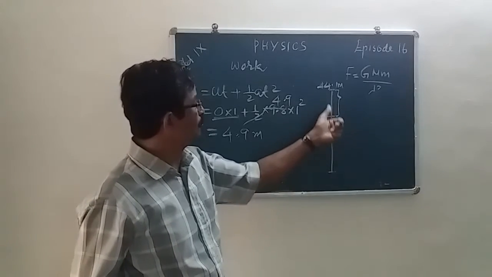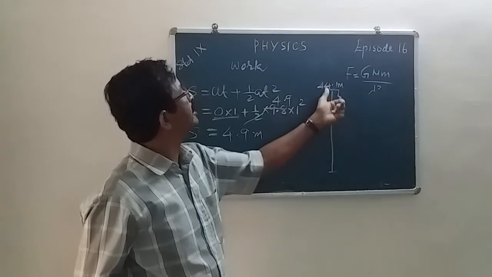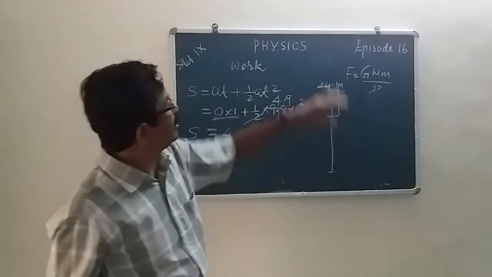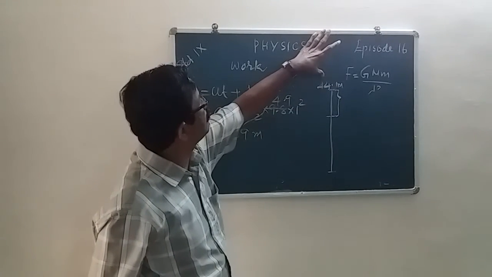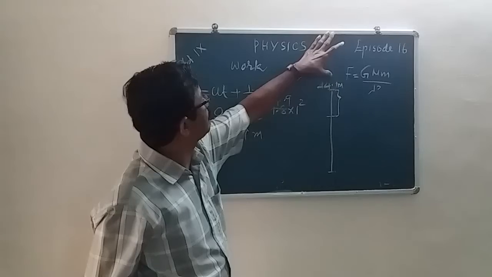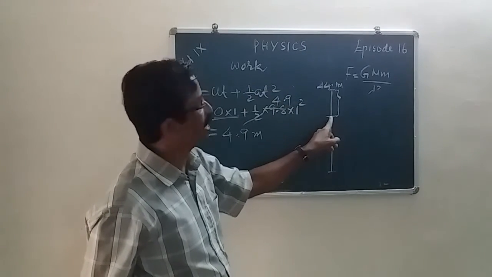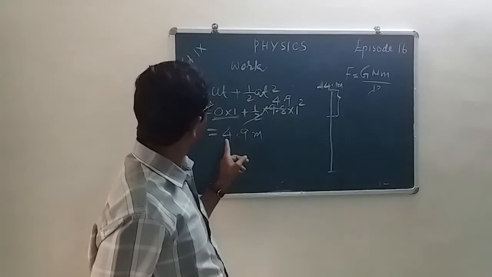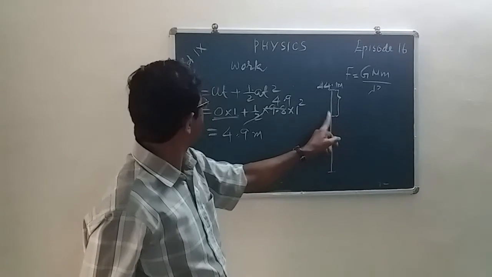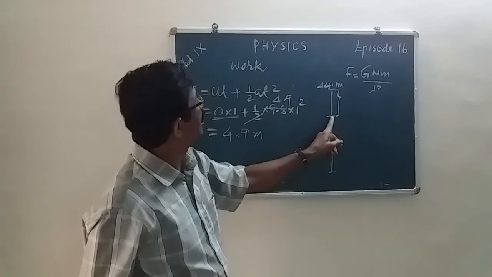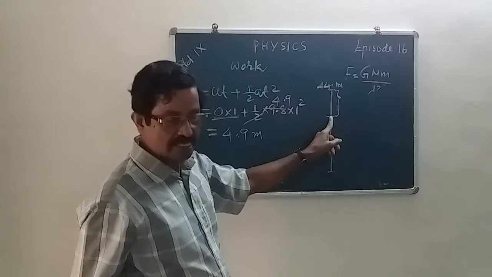Now 44.1 is the position at the time of 3 seconds. Then at the 4th second it will be here. That is, from here it reaches 4.9 meter less distance.